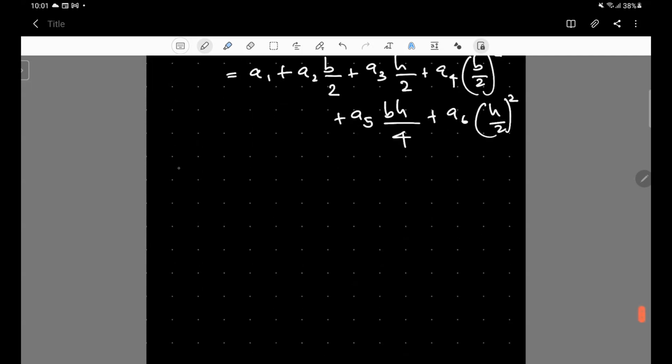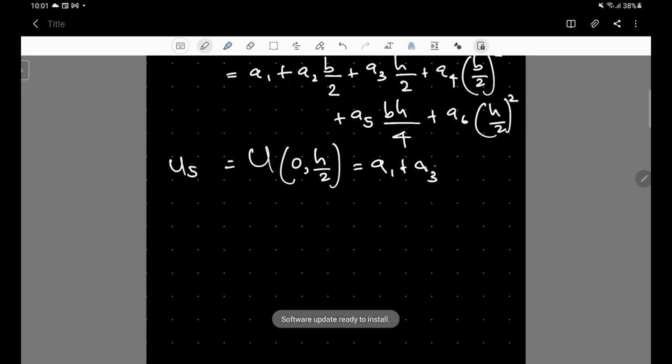So similarly, you can write u5. The nodal coordinates are 0, h by 2, so a1, a3, and the last term would be the y term remaining, a6, that is h by 2 squared.